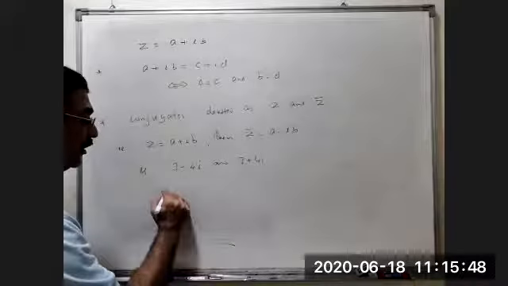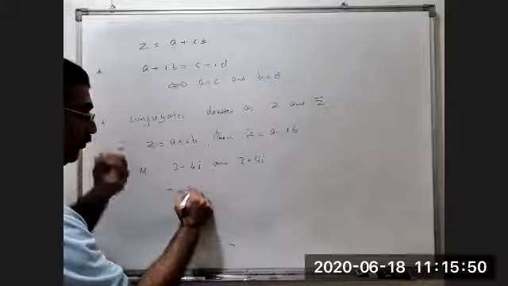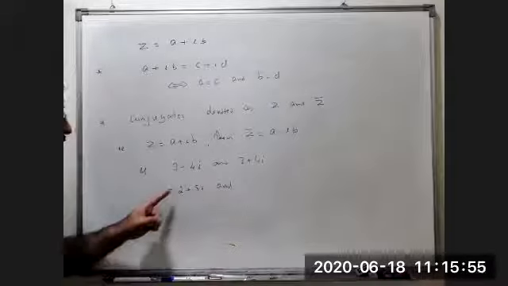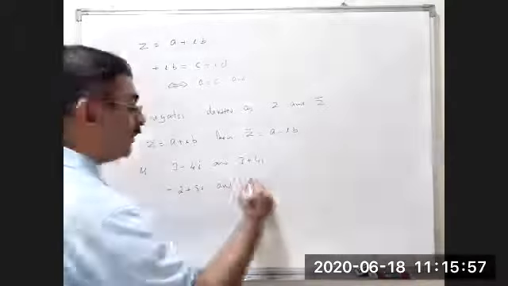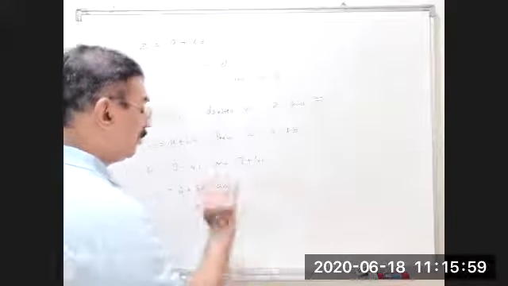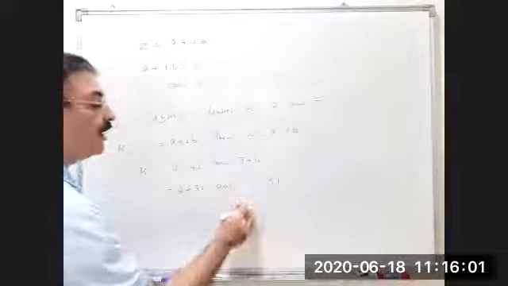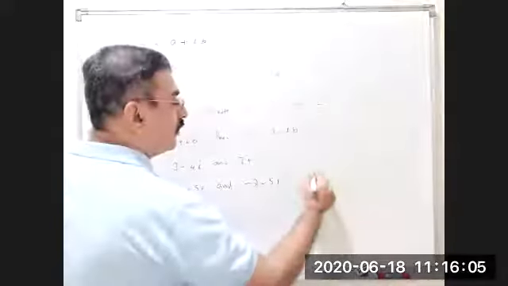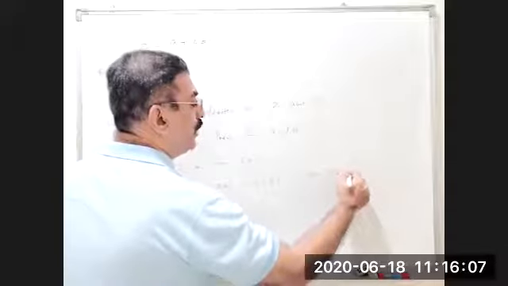Similarly, minus 2 plus 5i, and the commonly seen mistake, we will write it as minus 2 minus 5i, not 2 minus 5i. Only the sign of the imaginary part changes for conjugates.